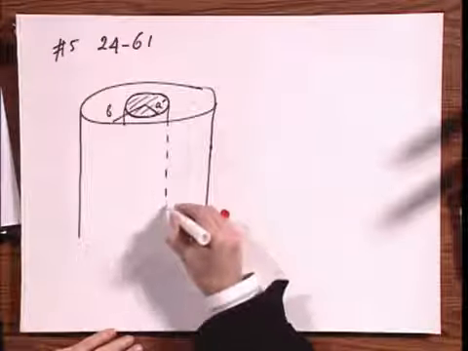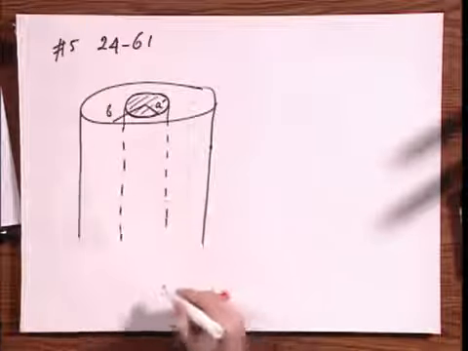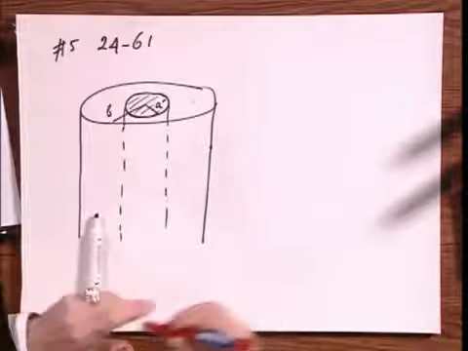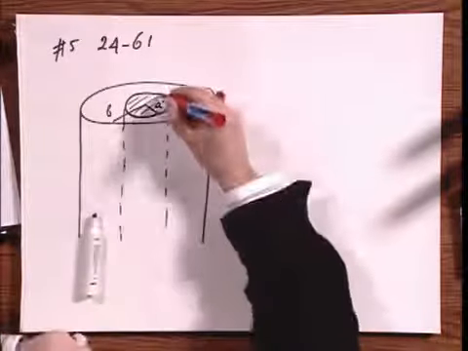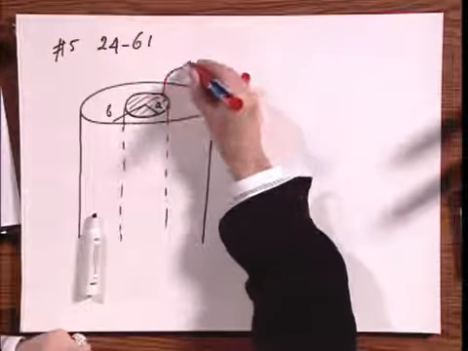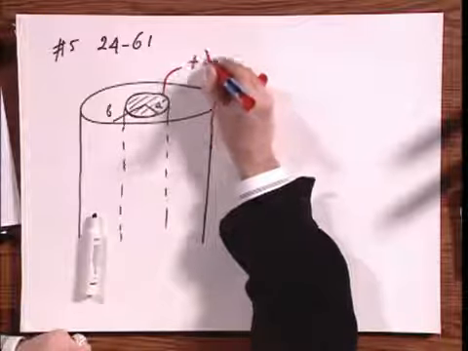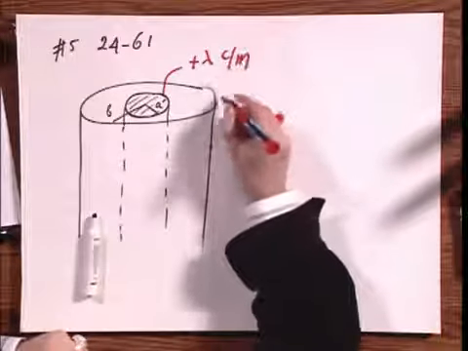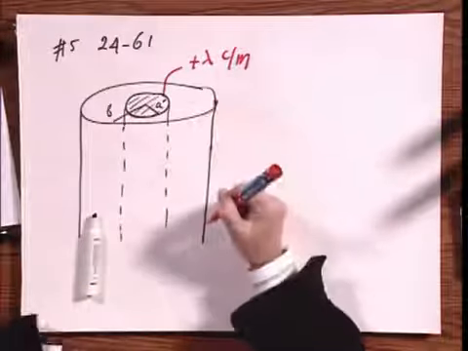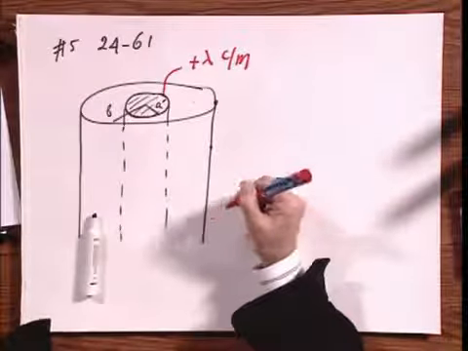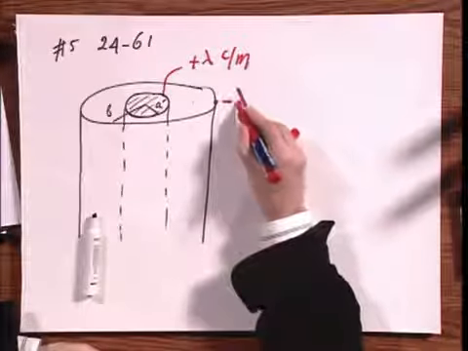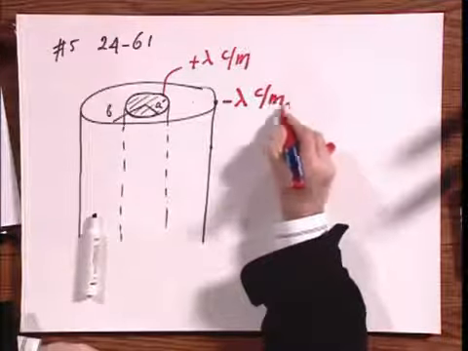So inside here is a cylinder inside a cylinder. On the inner cylinder, which must be on the outer surface of it, we have a charge plus lambda Coulomb per meter, and on the outer shell of the cylinder, which will be undoubtedly on the inside, we have minus lambda Coulomb per meter.